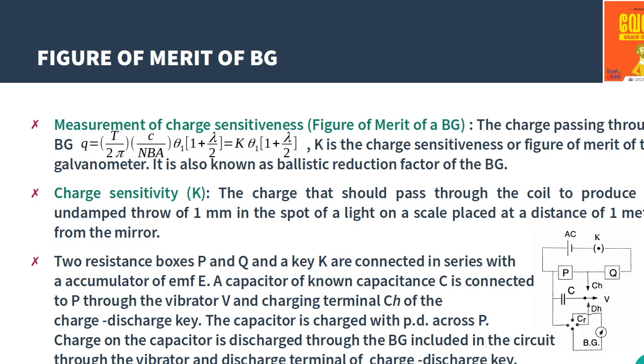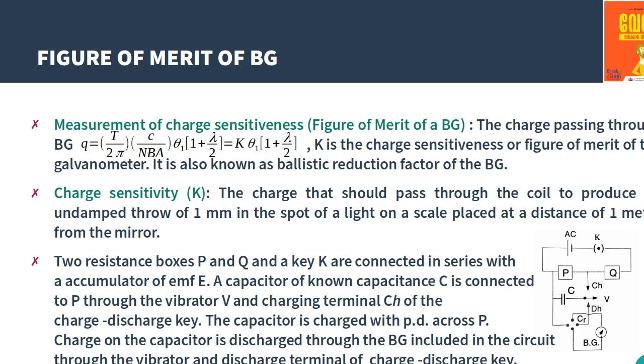This theta 1 is the deflection with the damping. But for actual calculation we should get the theta with the undamped, that is without damping. So, in order to go from theta 1 to theta, we have to multiply it with 1 plus lambda by 2. The lambda we already learned, that is the logarithmic decrement. That all we learned in the previous class. If you do not remember, you can go to the previous video and check it.